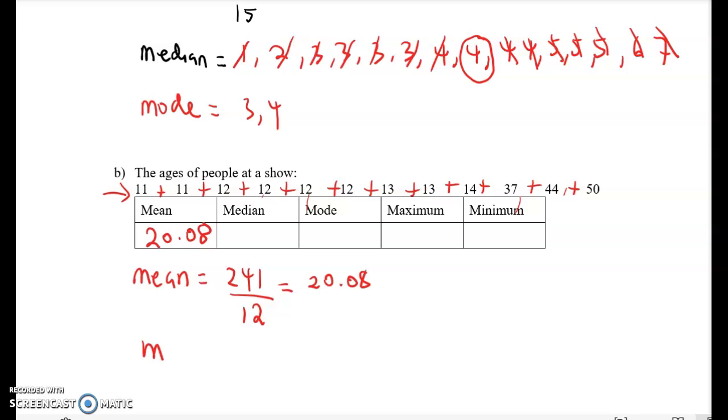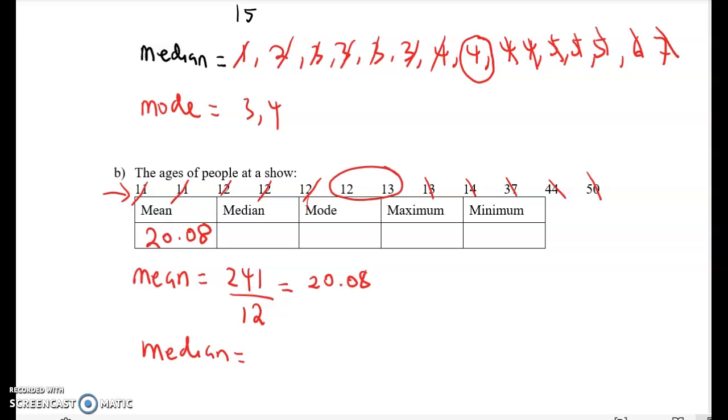The median is the middle number. First, you have to arrange your data set in ascending order. This data is already given in ascending order, so we're just going to cross out the lows and the highs at the same time each time and pick the middle number.